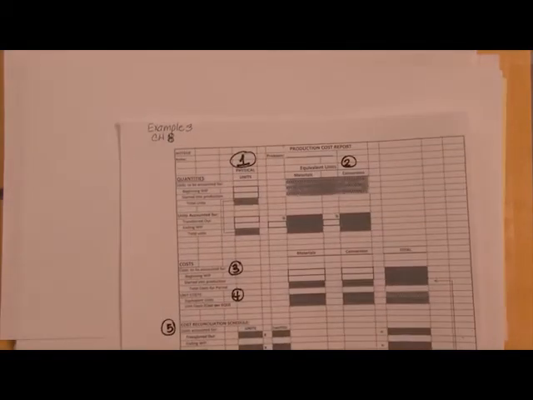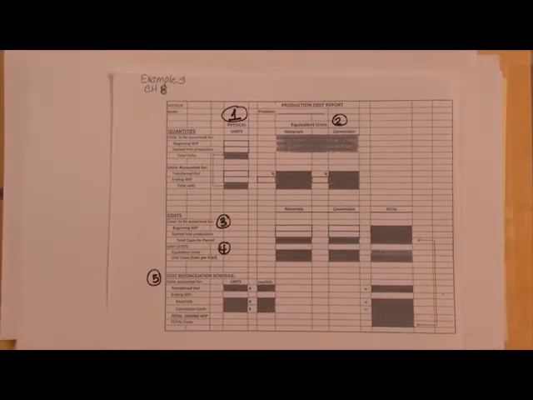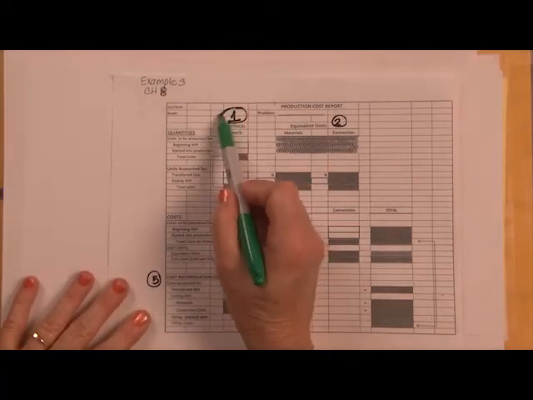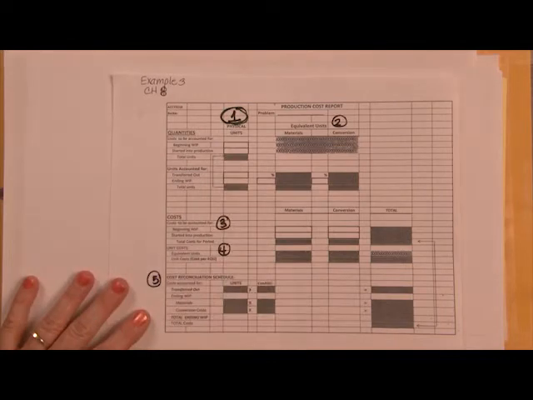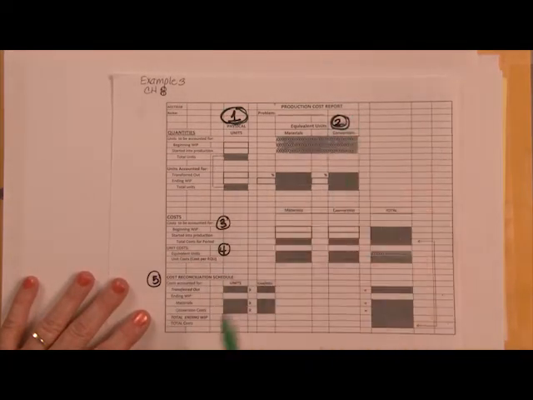Let me show you the template, and I hope you have it right there in front of you, a blank template. This is the template that relates to the problem. Well, it could relate to any problem, because this is the blank template that I just wanted to show you so you could see the steps. But look with me. The physical unit calculation is in this part of the template. Then we do our equivalent units in this part.